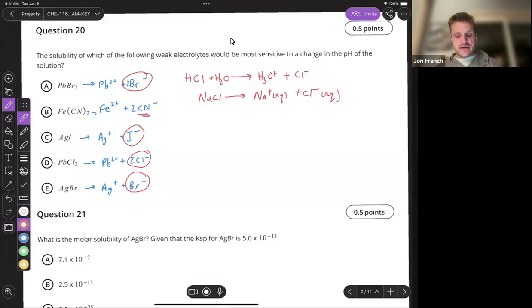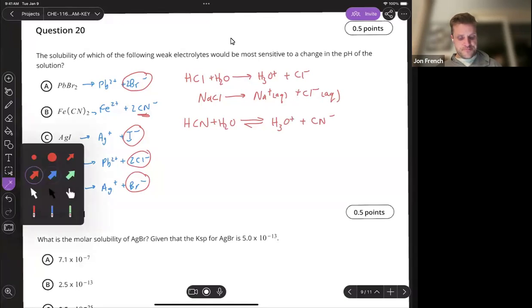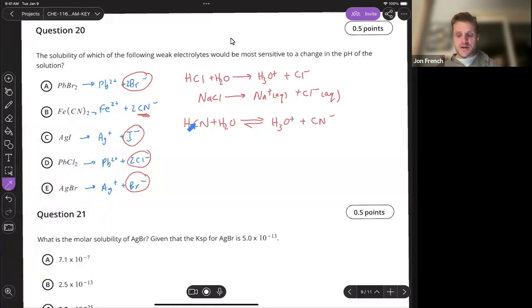However, cyanide is related to hydrogen cyanide. Hydrogen cyanide is a weak acid. Because it's a weak acid, it's in equilibrium. Because there's an equilibrium, there's a back and forth.